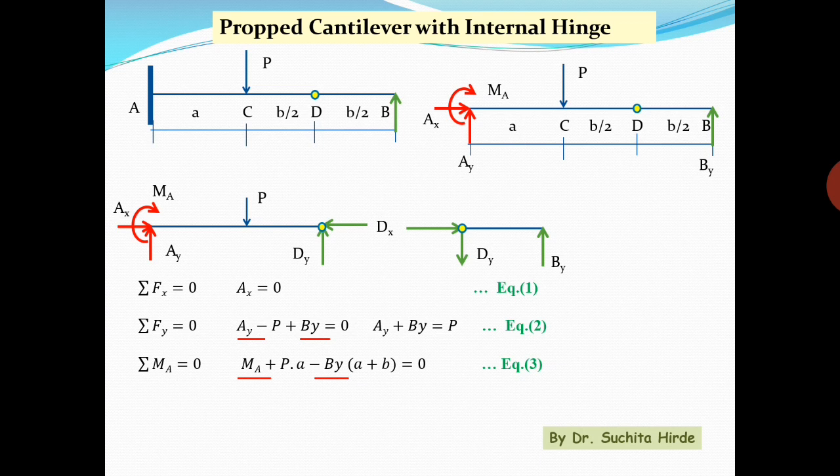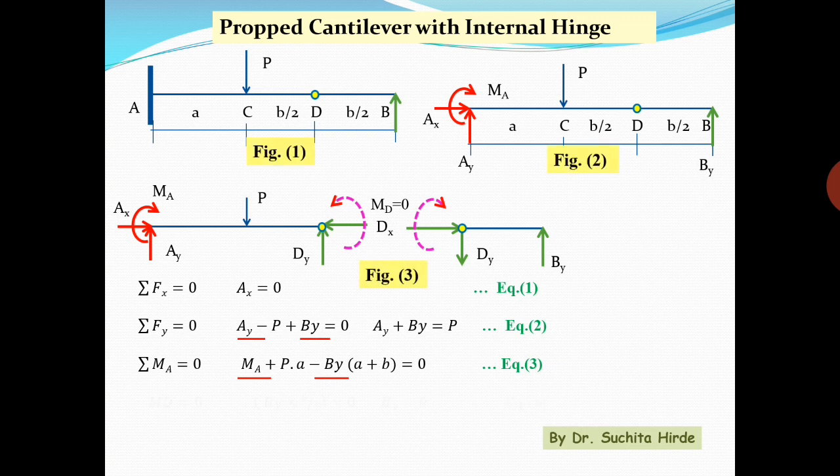Now if you apply the equilibrium condition to portion DB, though there is no moment, I am showing here a moment and writing MD is equal to 0. So we are considering portion DB and applying the condition that moment at D is equal to 0.